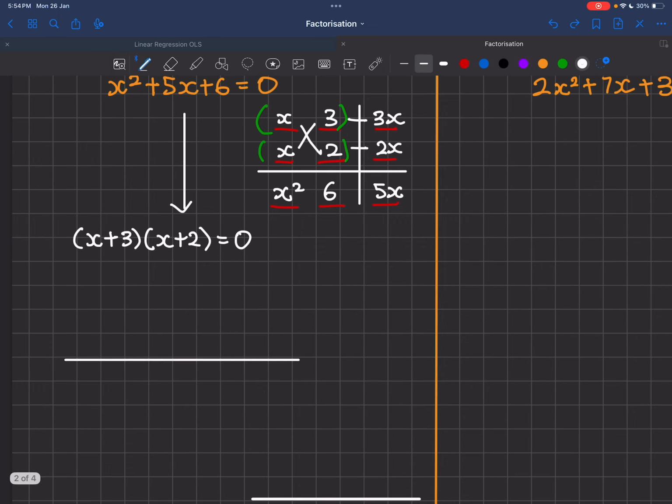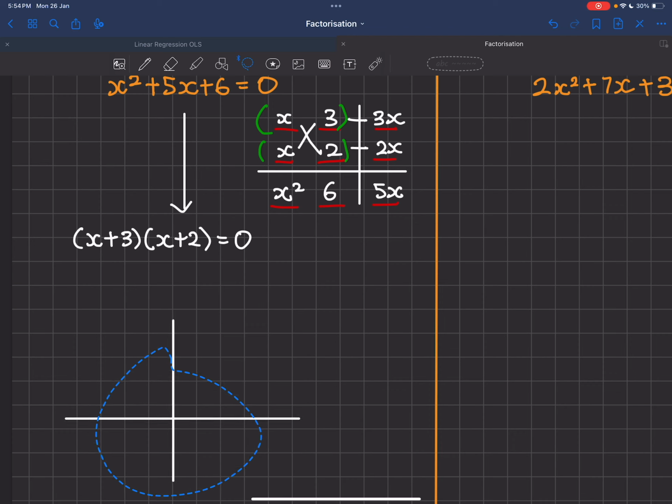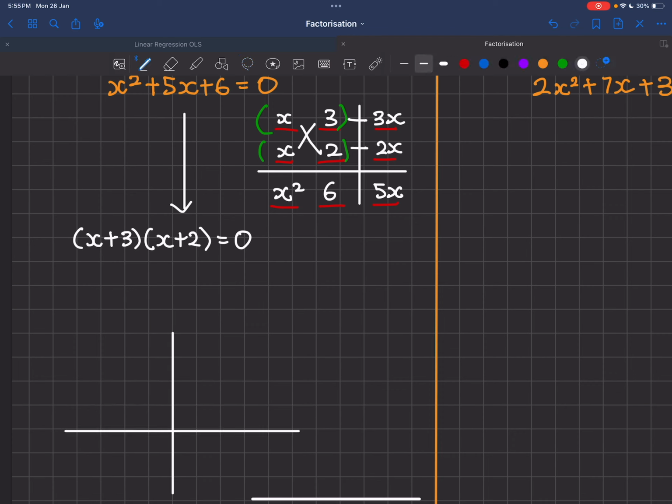So how do we graph this? What are the 2 values that are equal to 0? Okay, let's walk through. If you want this to equal to 0, what does x have to be? Without guessing and checking. Have a think. If this is 0, it doesn't matter what this is, right?